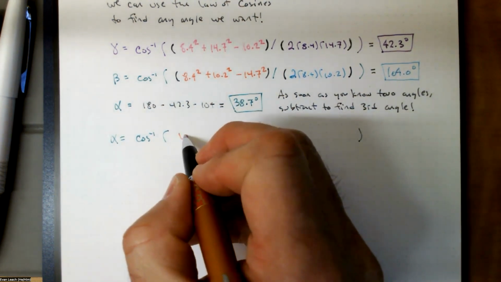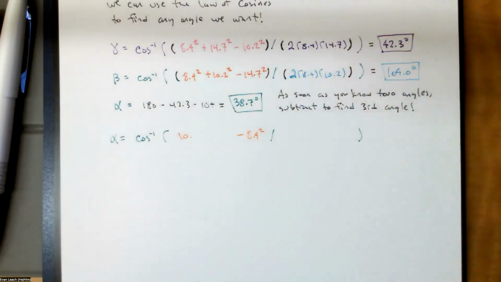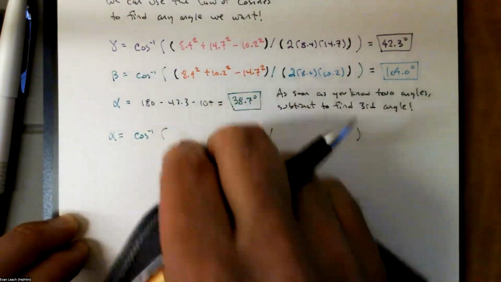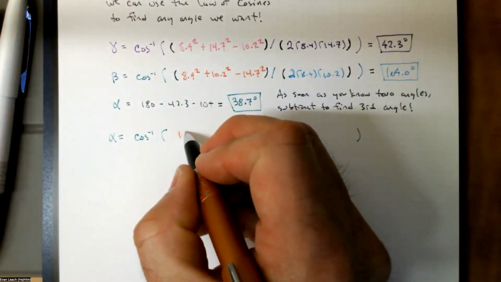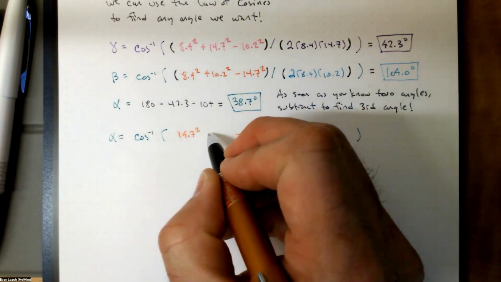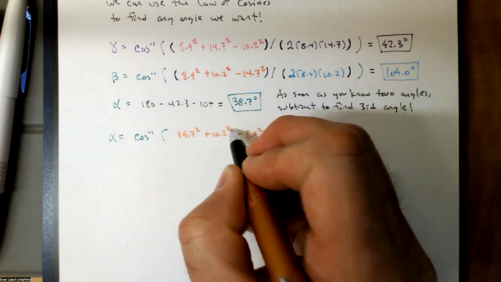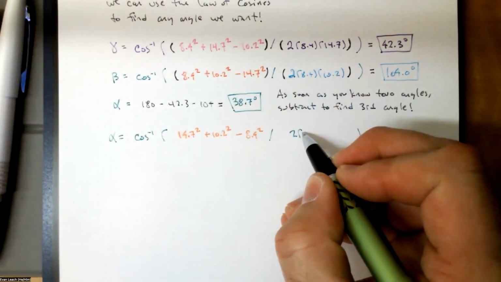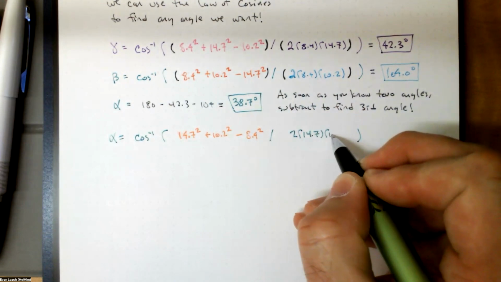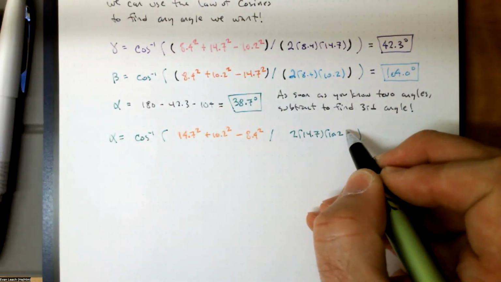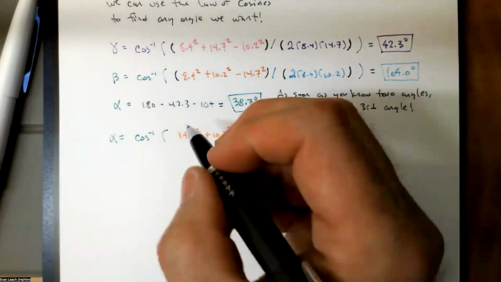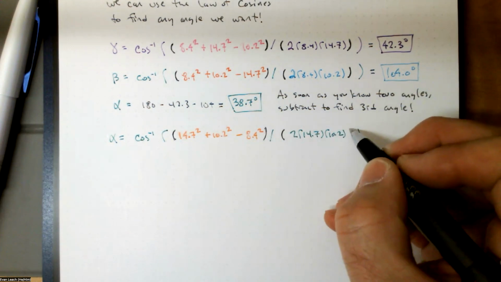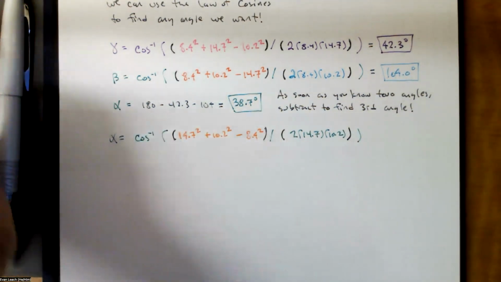And the other 2 will be the positive squares. And as usual, we need parentheses around the numerator because there are operations in the numerator, and we need parentheses around the denominator because there are operations in the denominator.